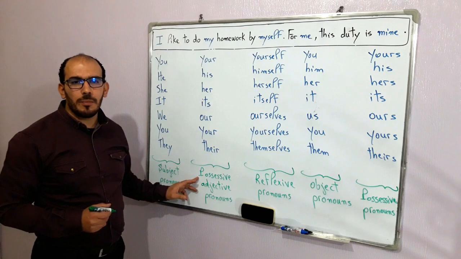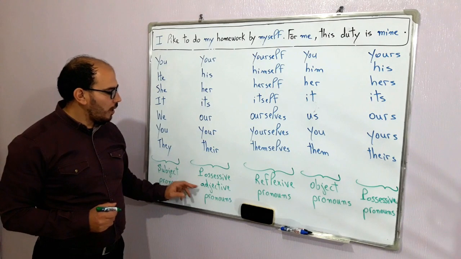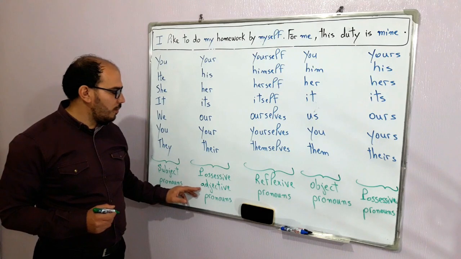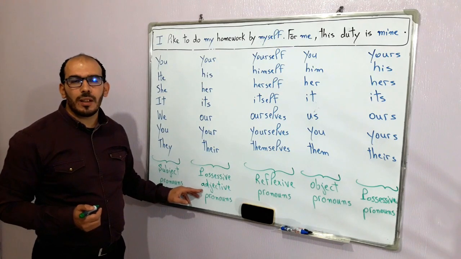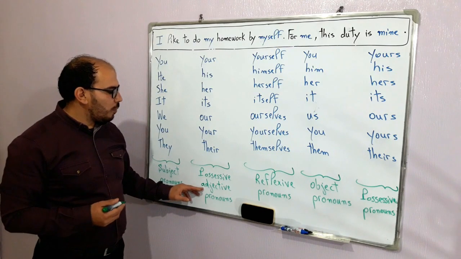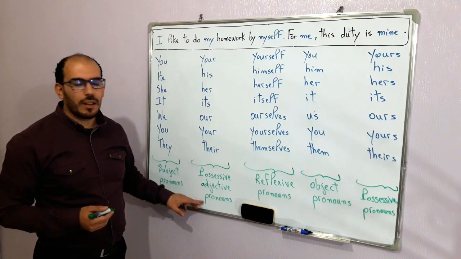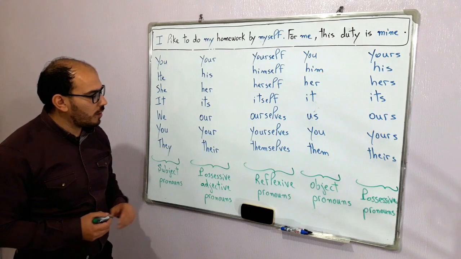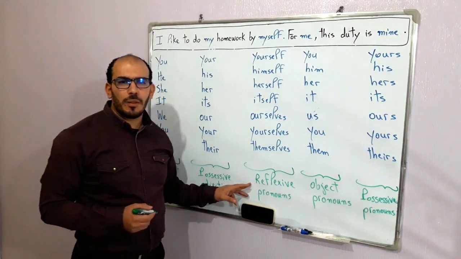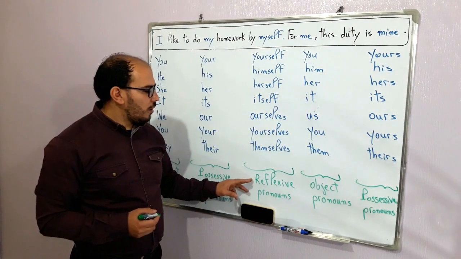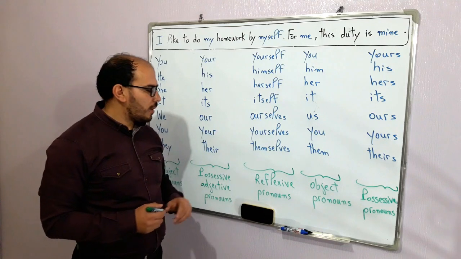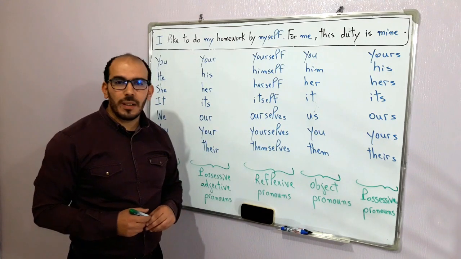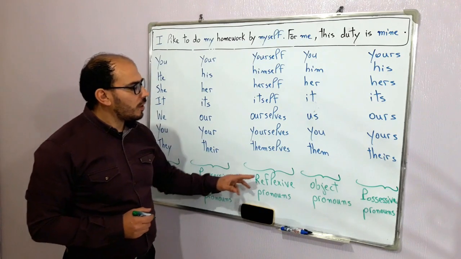They express possession, ownership, and also they play the role of an adjective because they are all the time followed by a noun, so they modify a noun. Then we have reflexive pronouns, which refer to the subject, and that's why we call them reflexive pronouns.